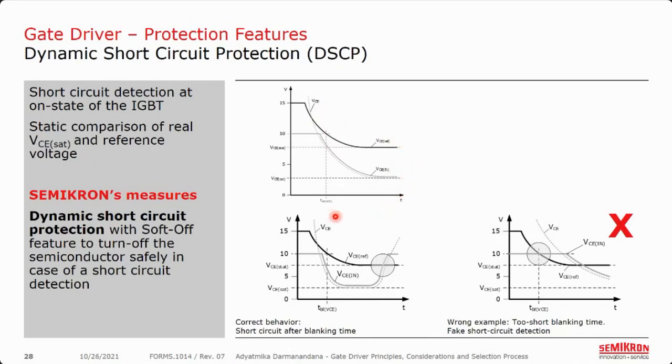Another parameter is the TBL, the blanking time, which marks the start of the comparison. The last diagram on the right side shows a failure caused by a too short blanking time, where a fake short circuit is detected because the comparison starts when the VCE is still higher than the reference voltage.